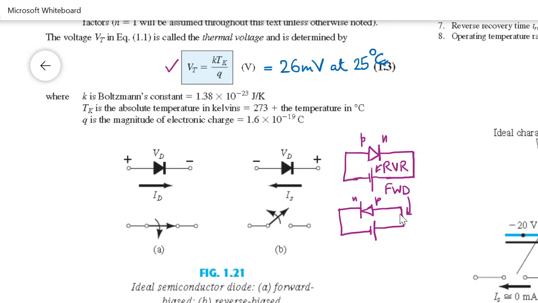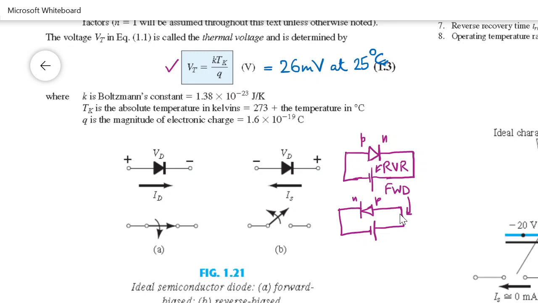So it is almost like a mechanical switch. When the switch is on, there is a current flowing through the switch. When the switch is off, there is no current flowing. The diode is basically approximated as an ideal switch.